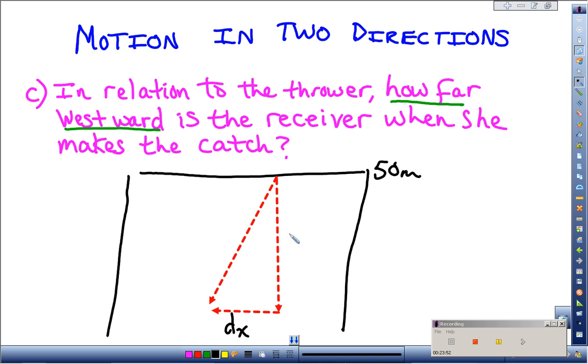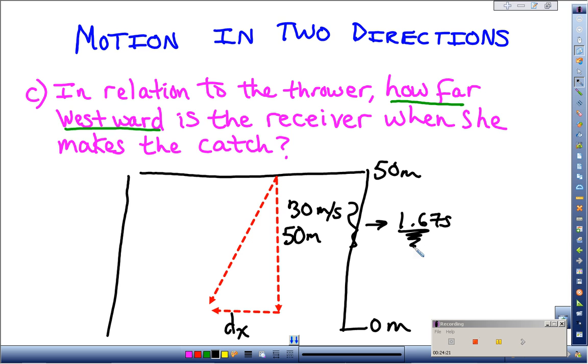Well, you already know the displacement in the vertical direction. It's 50 meters because you go from the 50-meter mark to the 0-meter mark. What you don't know is this. You do, however, realize that the velocity in the vertical direction is 30 meters per second, and from that, you found it took 1.67 seconds to reach the end zone.